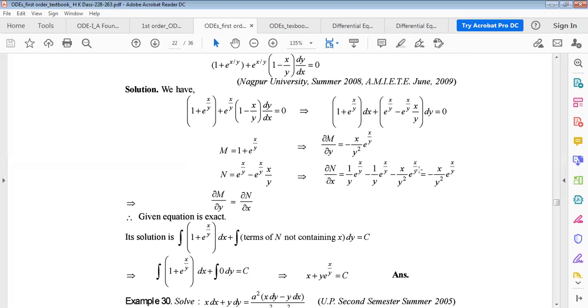So ∂M/∂y equals ∂N/∂x. We get this as equal. So the given equation is exact.